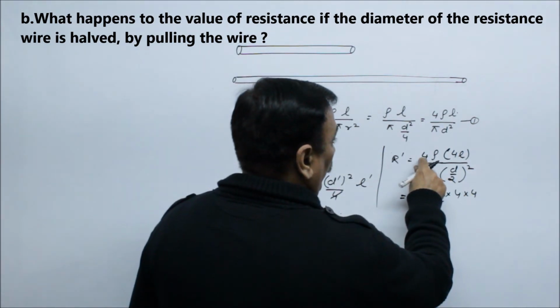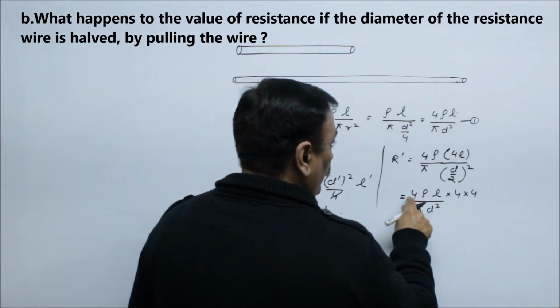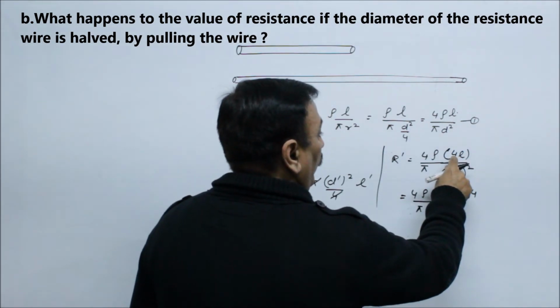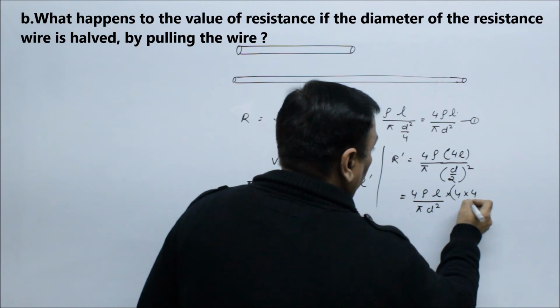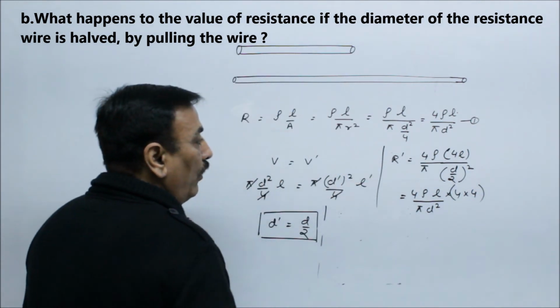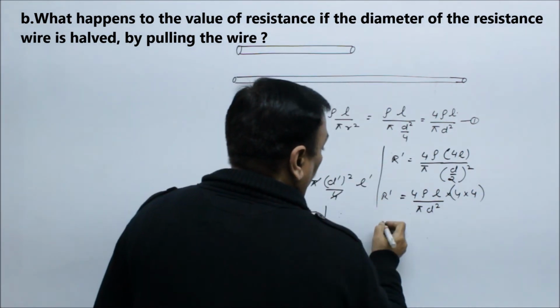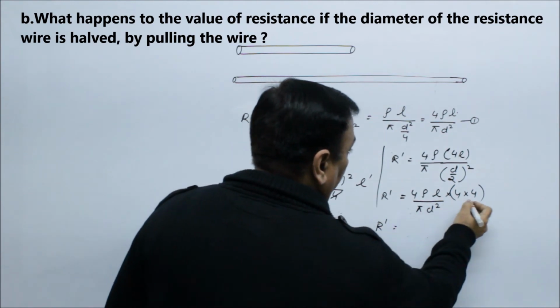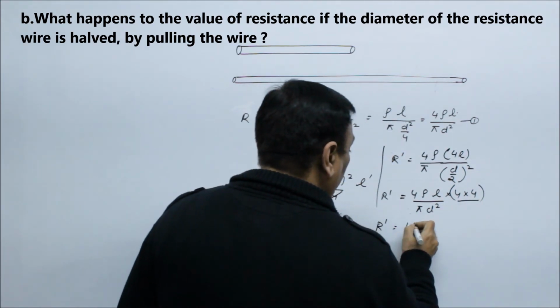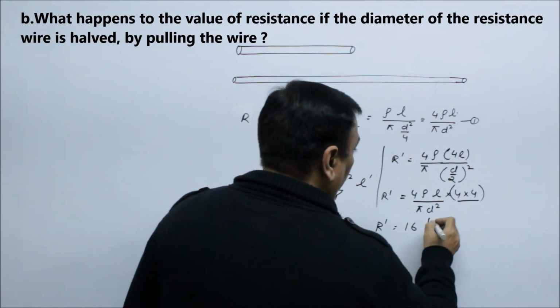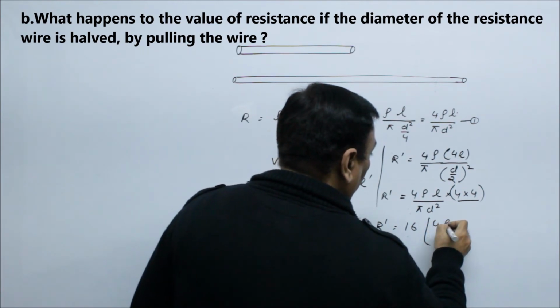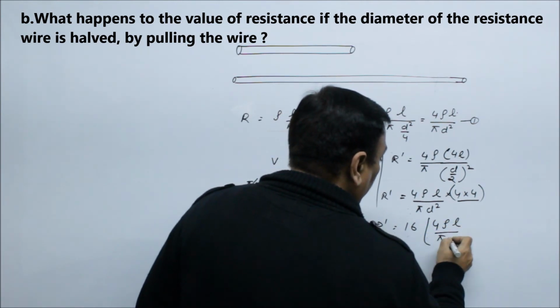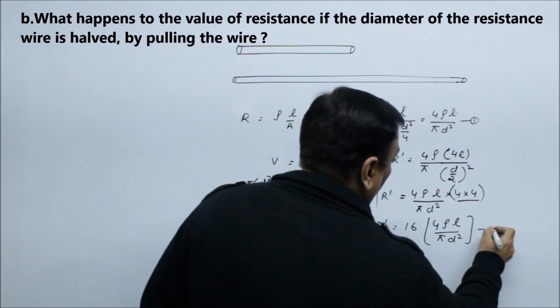We have this 4 and this 4 also, so we have used only one 4 over here, and another 4 is coming. We leave it like this. Now call this R dash. Once again we are writing: we can write this value 16 in front, and the remaining value I am putting in bracket. What is that? 4 rho L over pi d square. Now call it the second equation.